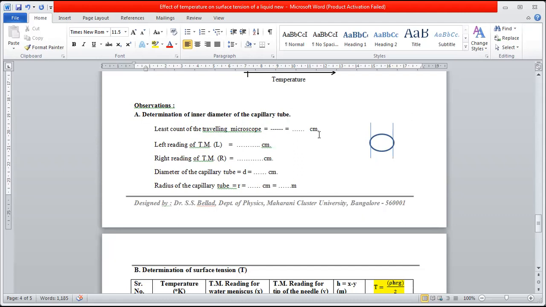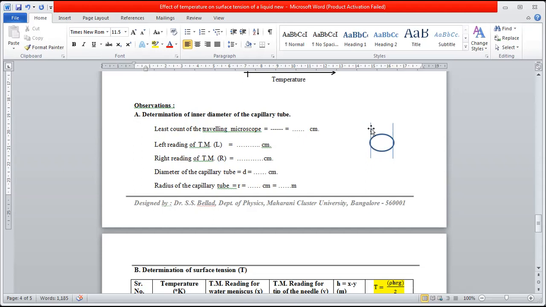Next, this is the capillary tube, and focus the traveling microscope to this capillary tube, which is fixed to a stand. Then inside the view, use the vertical cross wire and focus the traveling microscope to the left side of the inner tube.